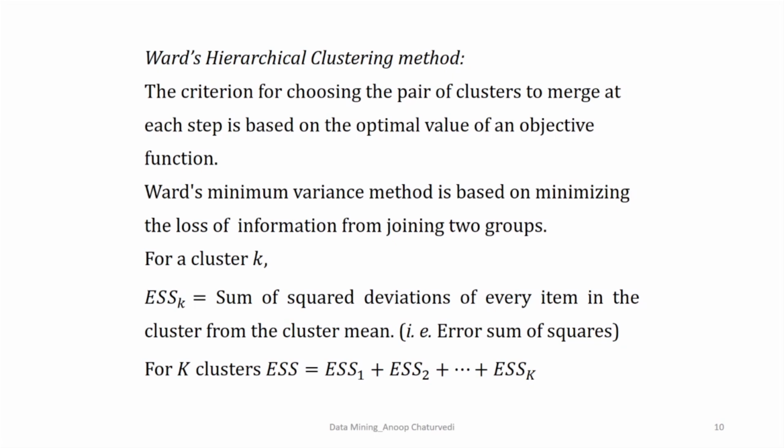Now, we consider Ward's hierarchical clustering method. Now, whenever we merge two clusters, there is some loss of information, and the criterion for choosing the pair of clusters to be merged at each step in Ward's hierarchical clustering method is based on the optimal value of an objective function.